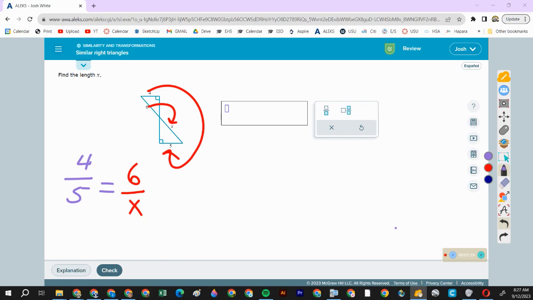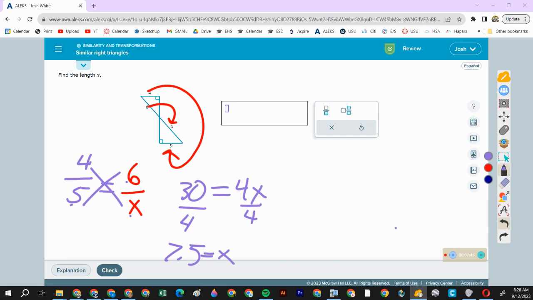If you have a fraction equals a fraction, we do what we call cross multiply. So 5 times 6 is 30 is equal to 4 times x. And then we divide by 4, and I get 7.5. Okay.